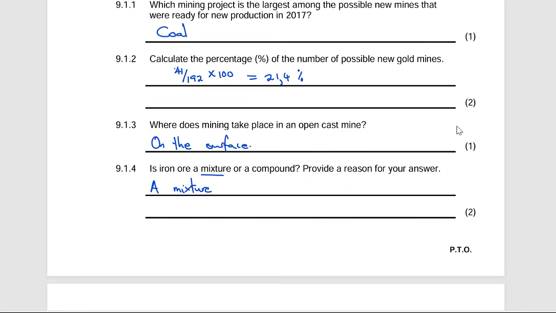It's because it consists of different minerals.